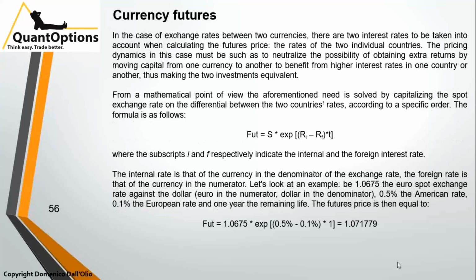What about currency futures? In the case of exchange rates between two currencies, there are two interest rates to be taken into account when calculating the futures price, the rates of the two individual countries.